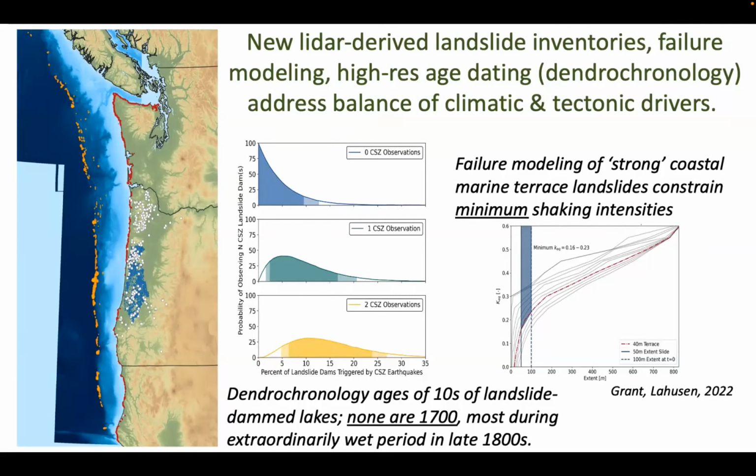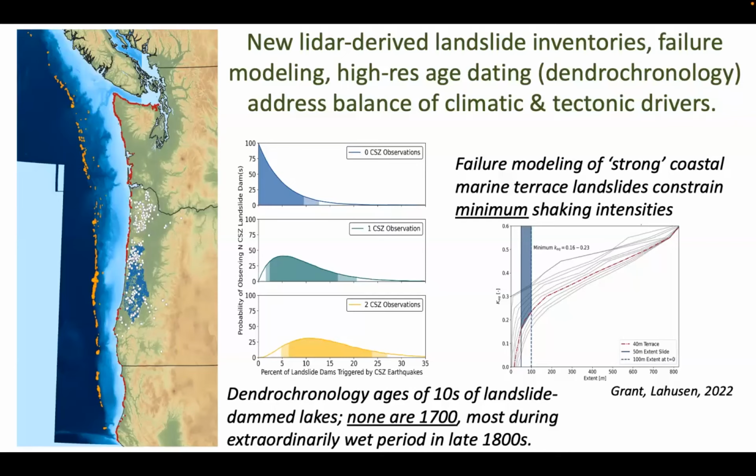And by combining this with some dendrochronology, they've learned that, lo and behold, there are some 20-some dates now of landslide-dammed lakes. Not one is associated with 1700. And basically, this has shown that the climatic signal is way bigger than the tectonic signal. This provides some constraint on the frequency of megathrust earthquake shaking.